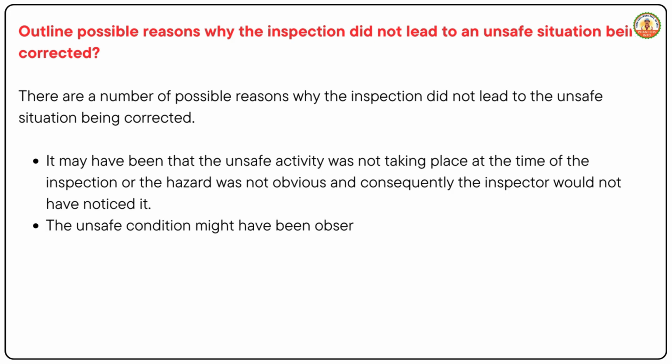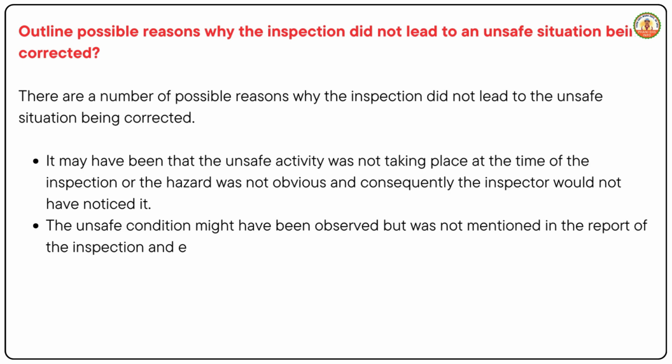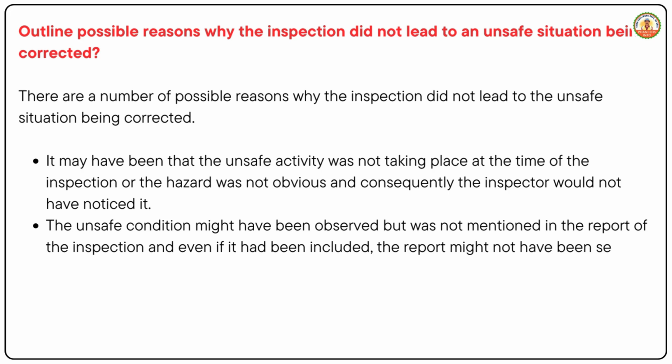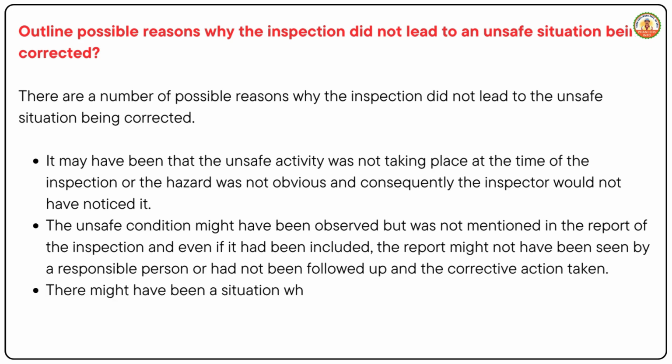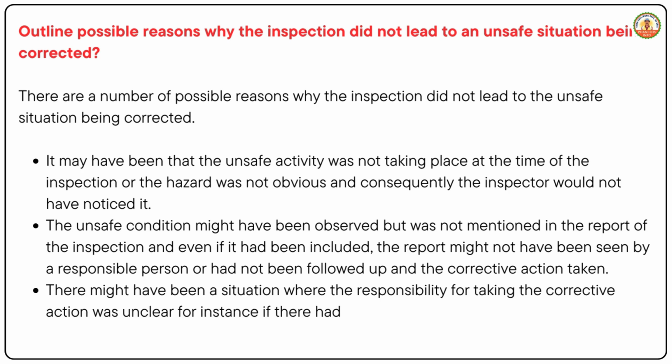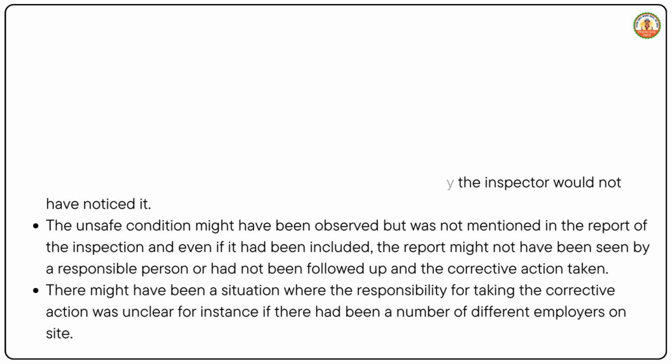The unsafe condition might have been observed but was not mentioned in the report of the inspection, and even if it had been included, the report might not have been seen by a responsible person or had not been followed up and the corrective action taken. There might have been a situation where the responsibility for taking the corrective action was unclear, for instance if there had been a number of different employers on site.